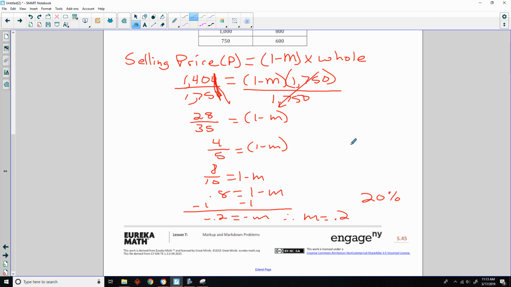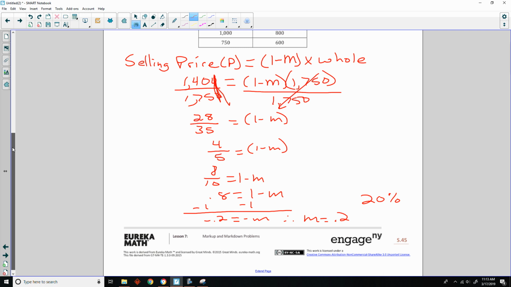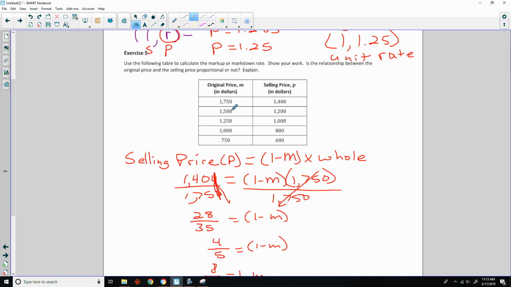Okay, so is it proportional? So what that means is P over M has to be true for every value. So if I multiply this by 0.2, 15 times 2 is 3. Subtract 300 from 1,500, I get 1,200. Multiply this by 2, and I get 250. 1,250 minus 250 is 1,000. Multiply this by 0.2, and I get 200. 1,000 minus 200 is 800.